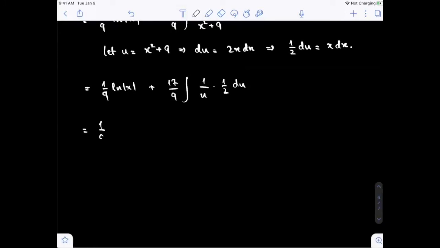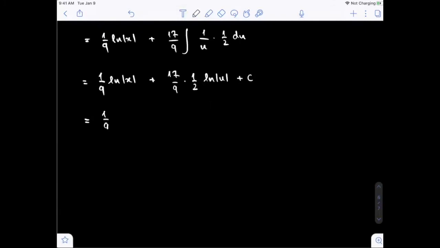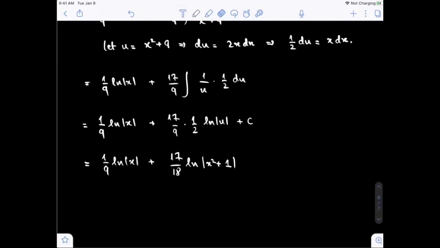Or this is 1 over 9 times ln of absolute value of x plus 17 over 9 times 1/2 times ln of absolute value of u plus a constant c. Well, this is 1 over 9 times ln of absolute value of x plus 17 over 18 times the absolute value of x squared plus, sorry, x squared plus 9, plus a constant c.